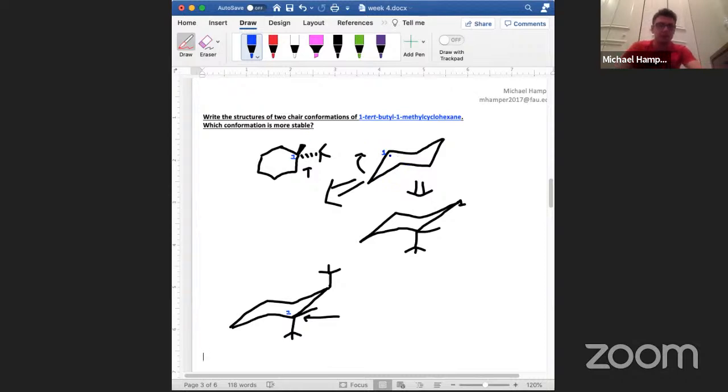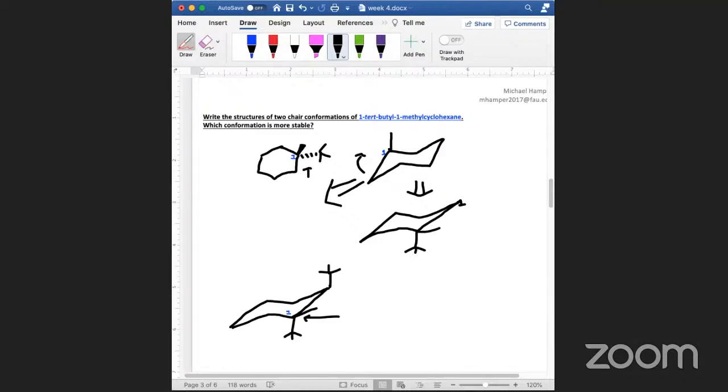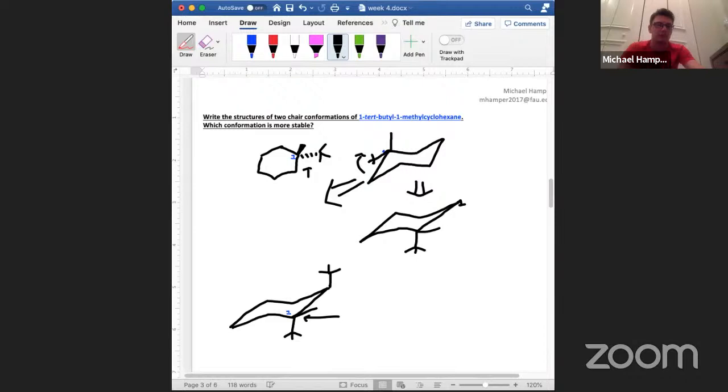From this carbon, pointing up is the methyl, and now we can say, is that axial or equatorial? Axial. And now downwards from this carbon is our terbutyl. Is that axial or equatorial? Equatorial. So why wouldn't that conformation be the most stable instead of the original?